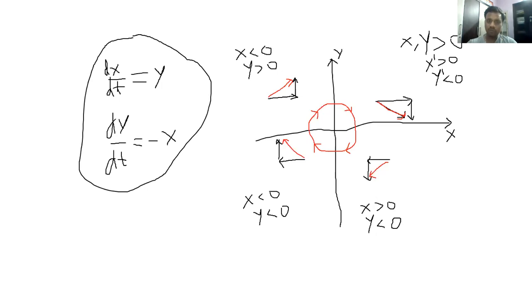If you start from here, it will go up to here, but it will never touch this. It means the susceptibles will not become zero; some susceptibles always remain in the population. It means some healthy people remain in the population, so the whole population can never be infected.